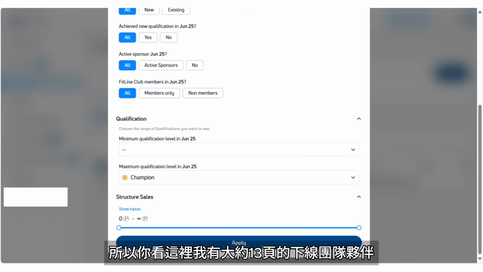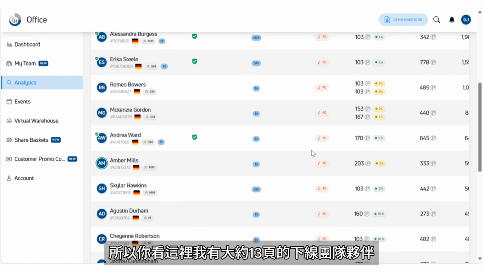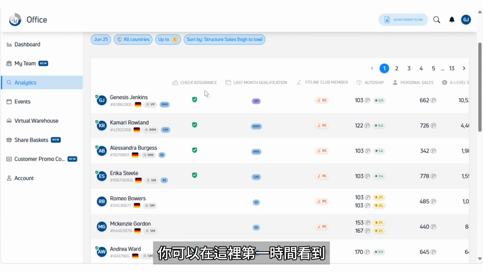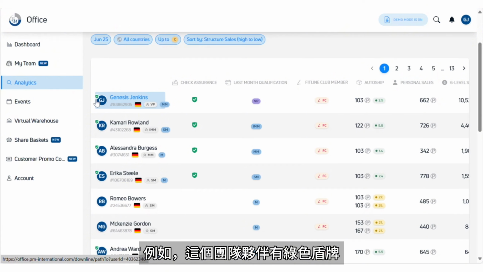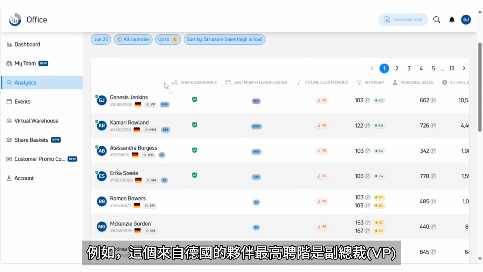So then you see here I have about 13 pages of downline team partners, and some additional information you see here firsthand. This team partner, for example, has this green shield. It shows me immediately this person has a check assurance. This person is, in that example, from Germany, highest rank ever reached is a vice president.